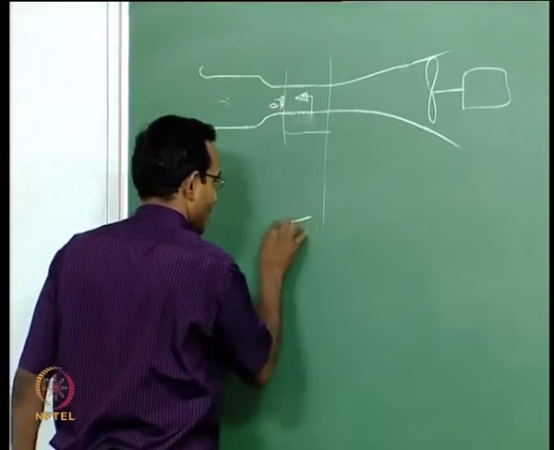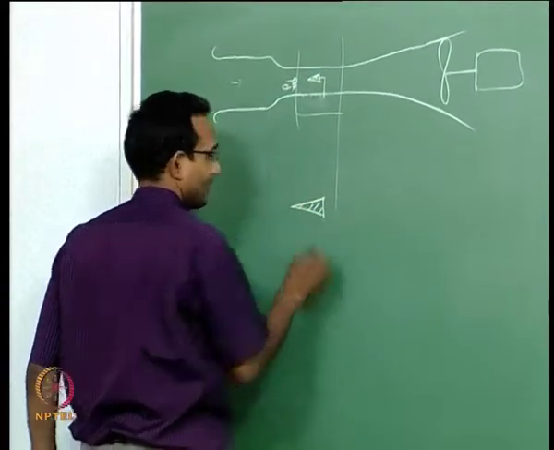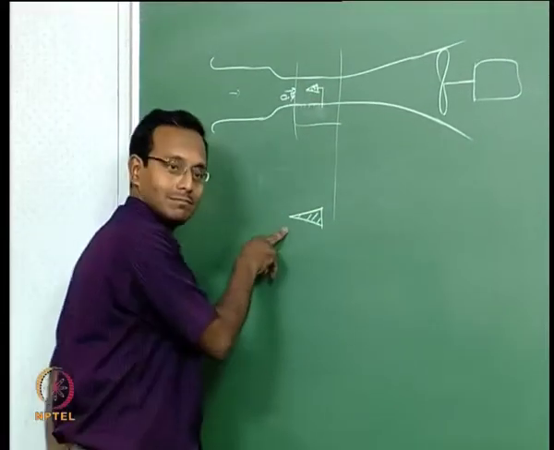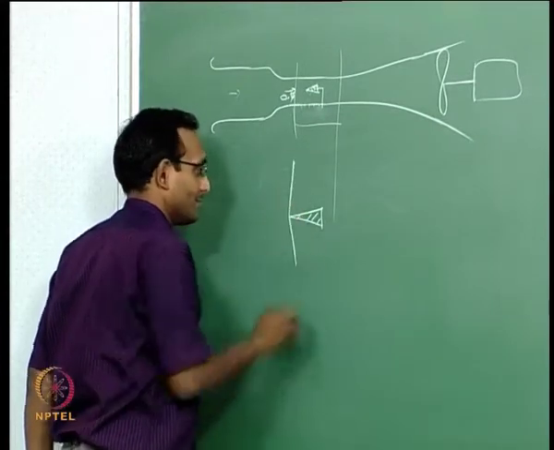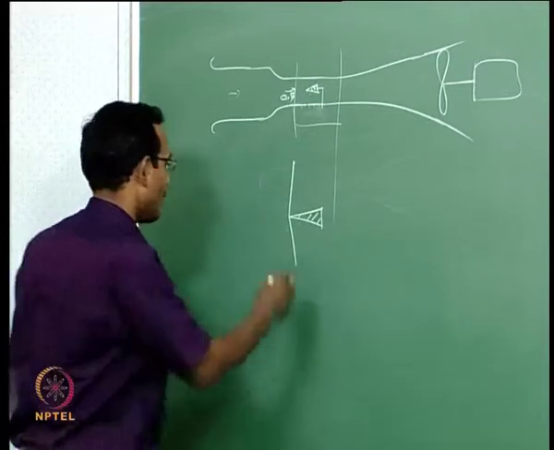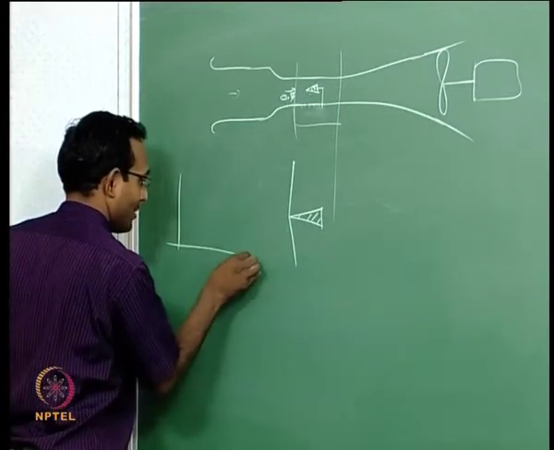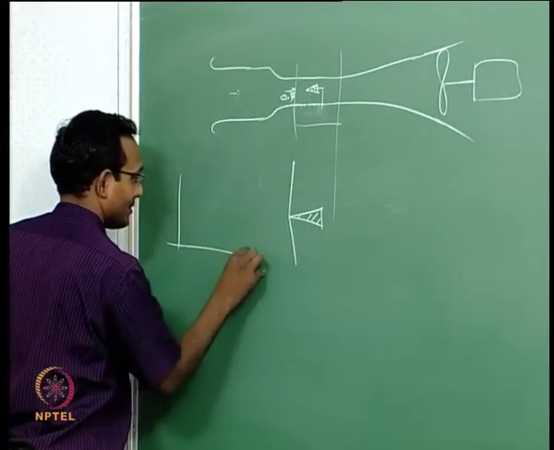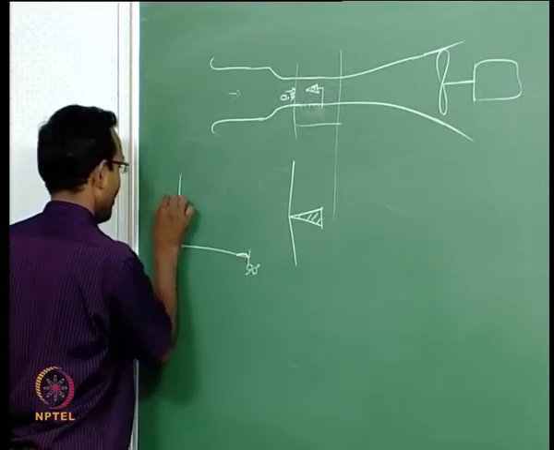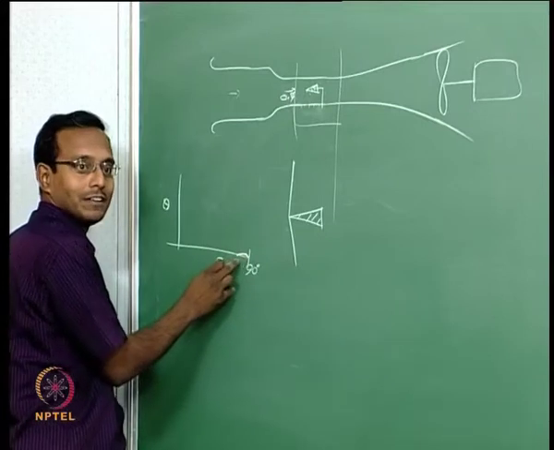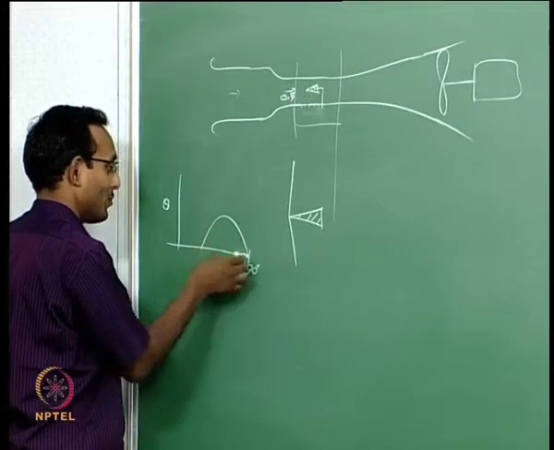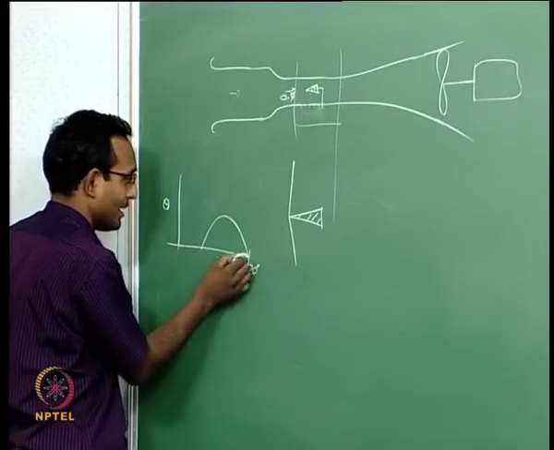Now think of a wedge, even if it is very thin, for Mach 1 or 1.05 the shock is going to be like this, right. How do we know this? We have our theta-beta-M curve for very low Mach numbers. Beta was very close to 90, only when it is Mach 2 it was getting more inside, otherwise it was only here.